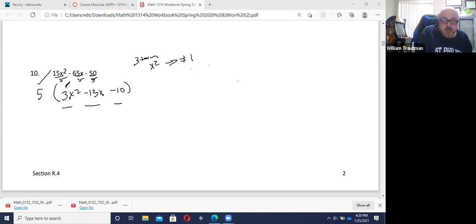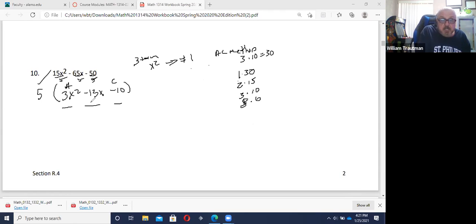It equals 3. So remember the step, it's called the AC method. We're going to multiply A times C. A times C is 3 times 10 equals 30. So 1 times 30, 2 times 15, 3 times 10, and 5 times 6 all equal 30.